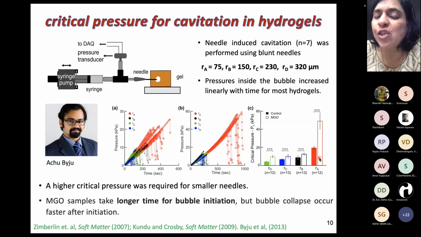And again, you have a much higher pressure which is needed for the smaller bore diameter needles. MgO samples take much longer for the initiation of the bubble, but when the bubble actually collapses, they occur much faster after they initiate as compared to those in the gelatin hydrogels without the presence of the MgO.